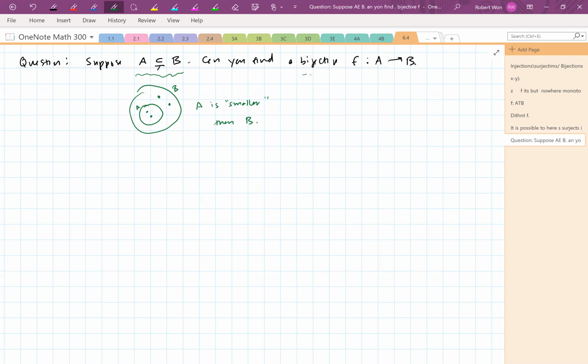On the other hand, a bijection matches up elements between the two sets that you wrote a bijection between. So to say that you have a bijection between two sets is saying that A and B have the same size.